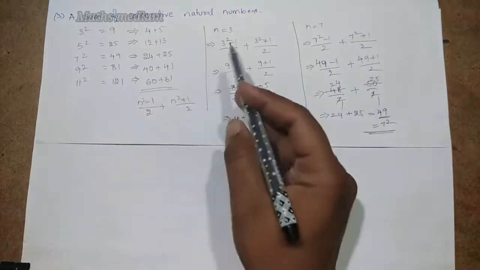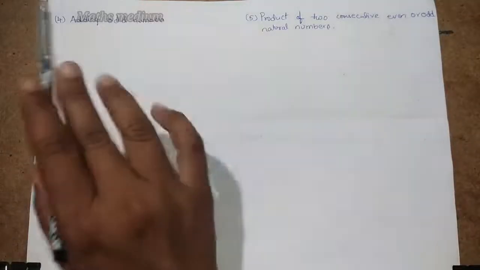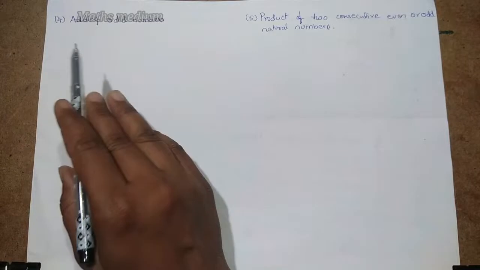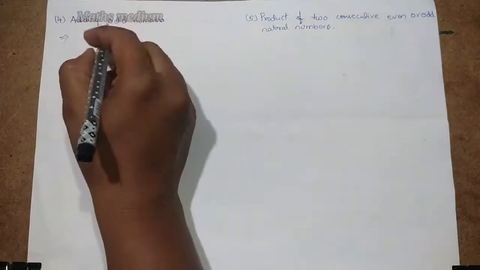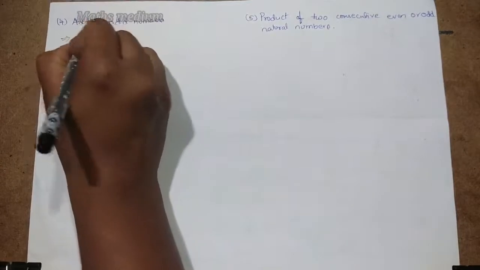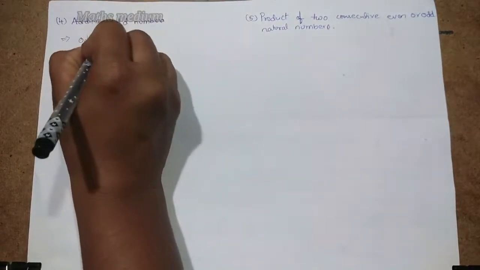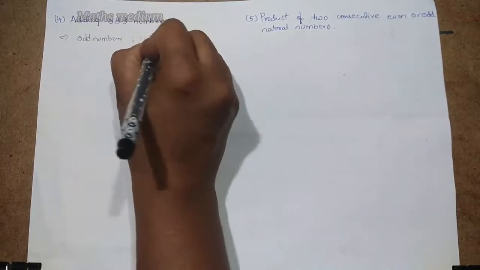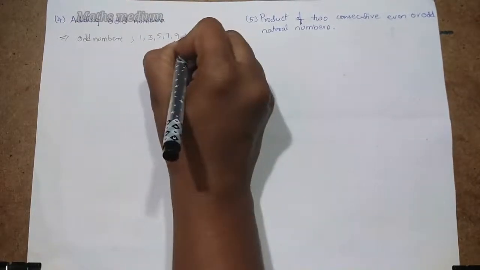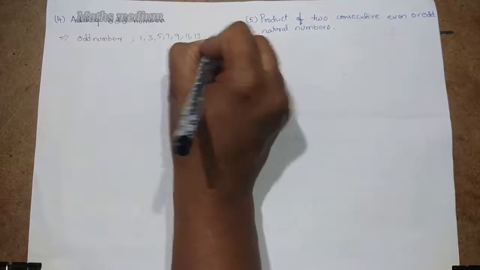Next, coming to the fourth one, adding odd numbers. By adding odd numbers, we get a square. This is also another property of a square. Let's consider taking odd numbers from 1. We know the odd numbers: 1, 3, 5, 7, 9, 11, 13 and so on.